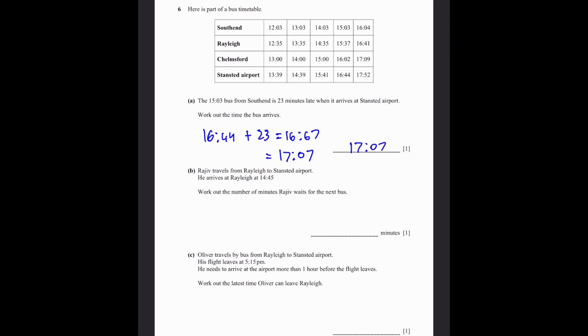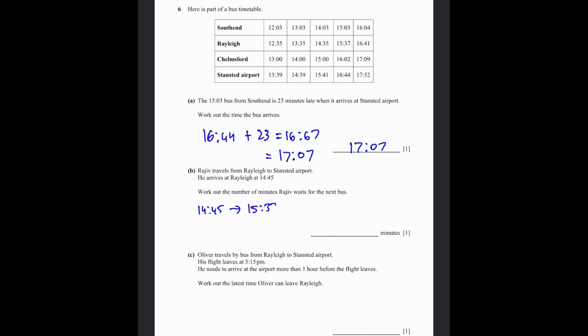So 1707. B. Rajiv travels from Raleigh to Stansted Airport. He arrives at Raleigh at 14:45, 2:45 p.m. Work out the number of minutes Rajiv waits for the next bus. So 14:45. And the next bus is at 15:37.